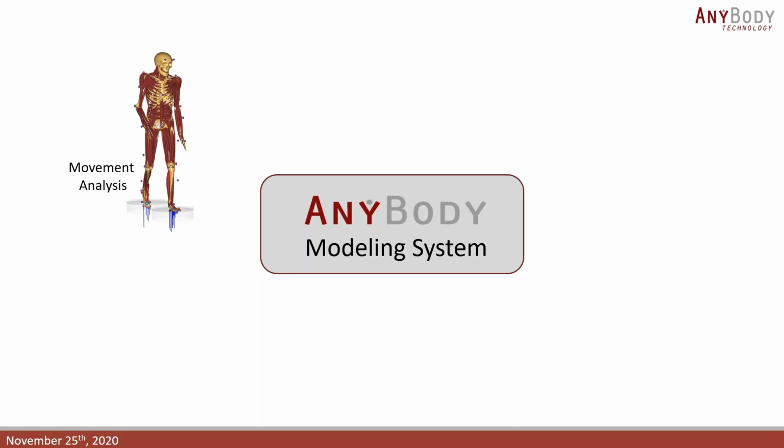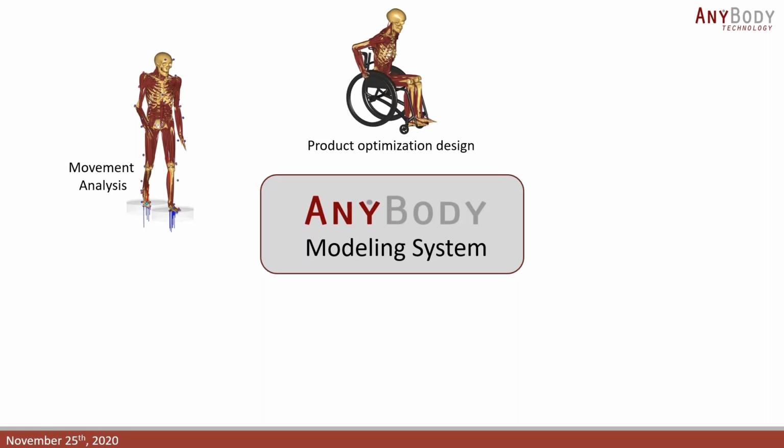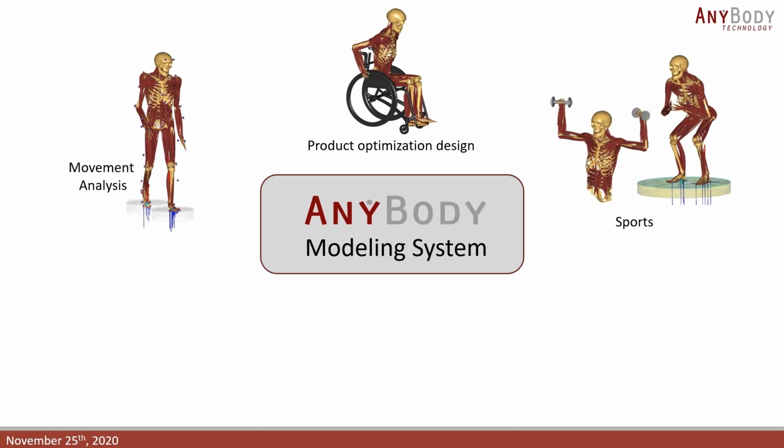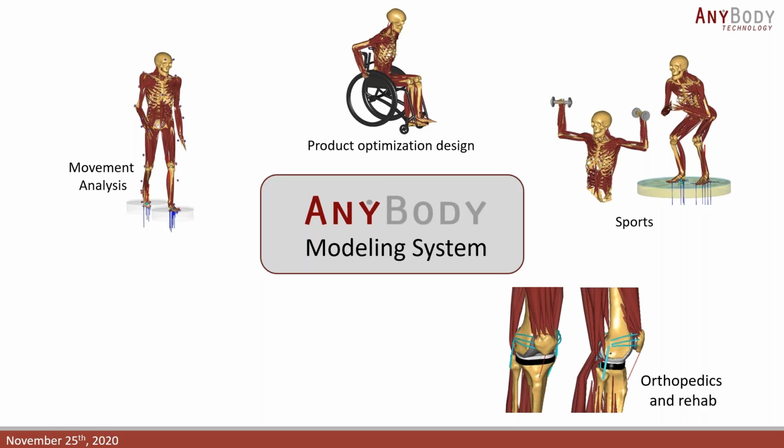The system is used in different fields. For example, in movement analysis and gait analysis. It can be used for optimizing your products to make them more ergonomic, human-friendly and safer. You can also use the system to improve sports performance by understanding the biomechanics of your athletes.